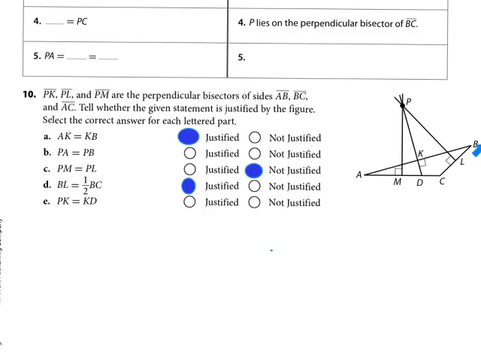So I know that BL and CL are congruent and that BL has to be half the size of BC. So that's why the half is here in front of the BC. So if I take the whole segment BC and I cut it in half, I'll get BL.